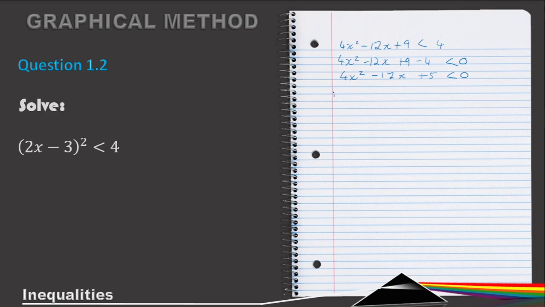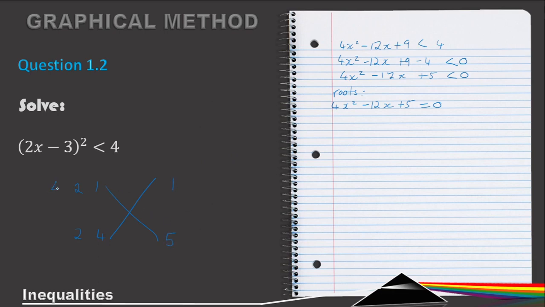Okay, finding the roots. So solving for 4x squared minus 12x plus 5 equal to 0. Factorize. So once again we have the trinomial factorization with a coefficient in front of the x squared. 1 times 4, 2 times 2, and on that side it's just 1 times 5.